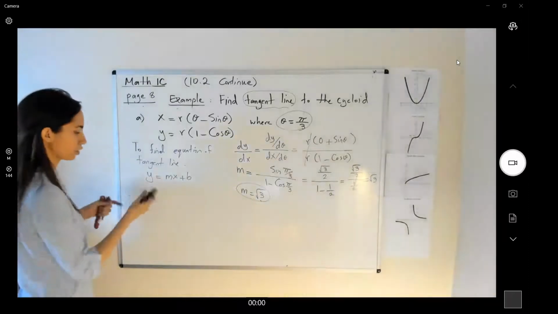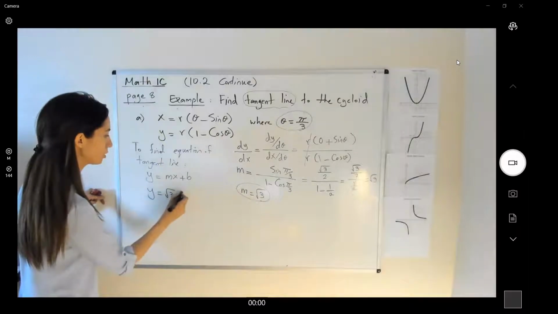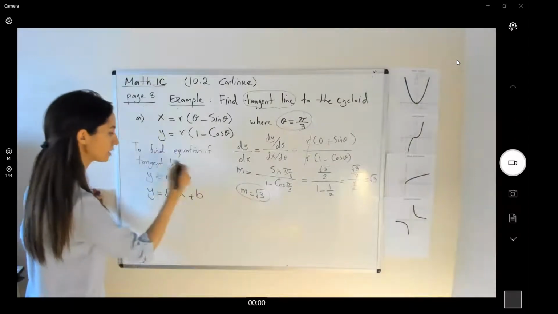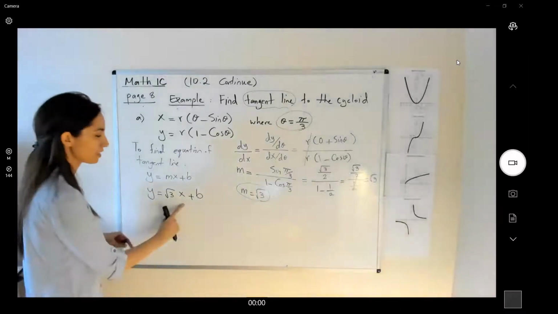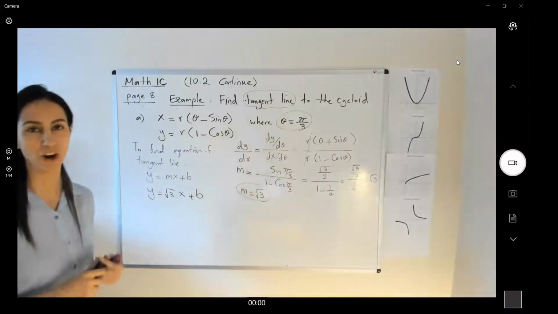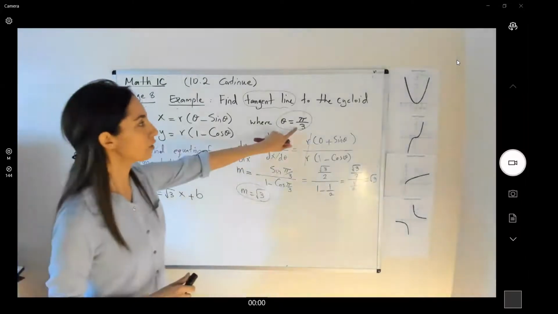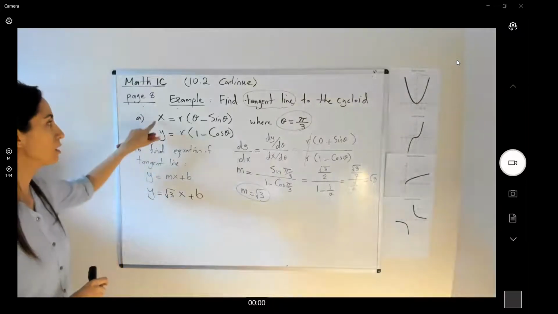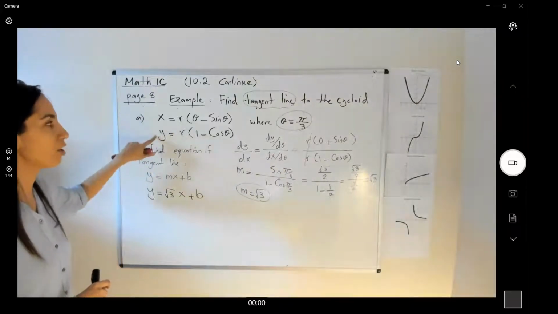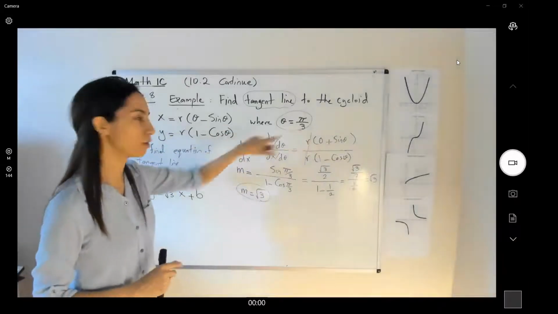Okay, so y is equal to square root of 3 times x plus b. What is y? What is x? And how can we find b? Very good. Your theta is equal to pi over 3, so your x and y can be found using pi over 3.